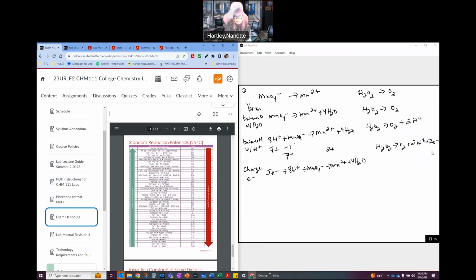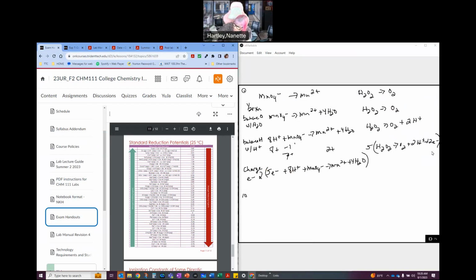Okay, so now I've balanced each half reaction, but I need to make sure the number of electrons is the same in the two of them before I can add them. So since I have 5 here and 2 here, lowest common denominator is 10. I multiply this by 5 and I multiply that by 2.